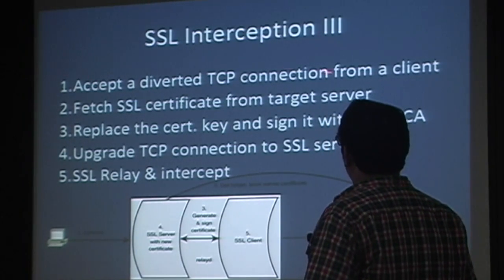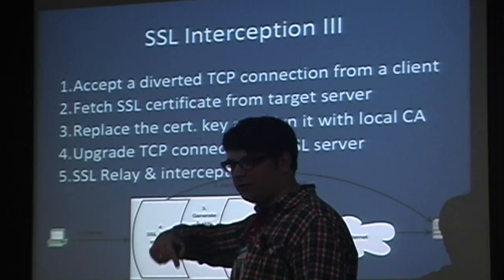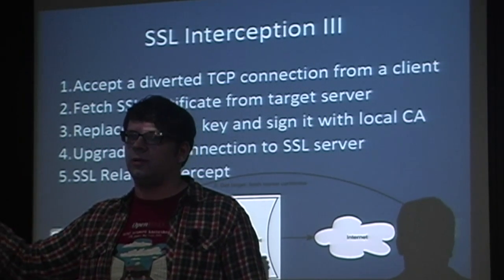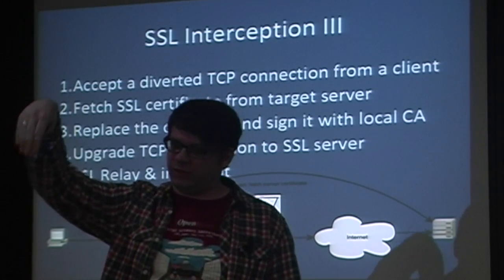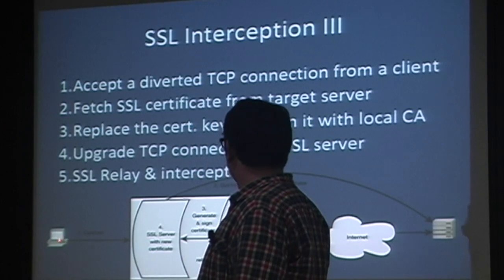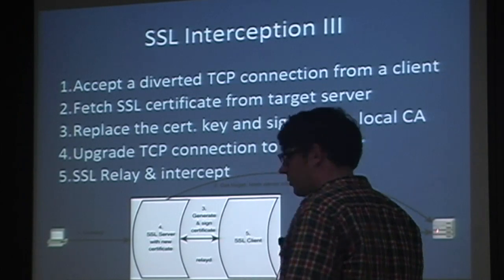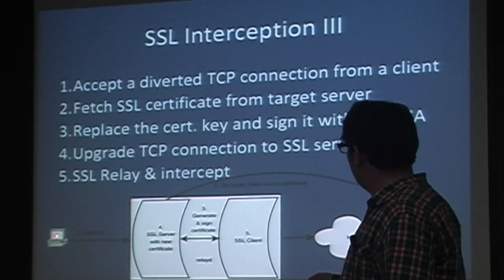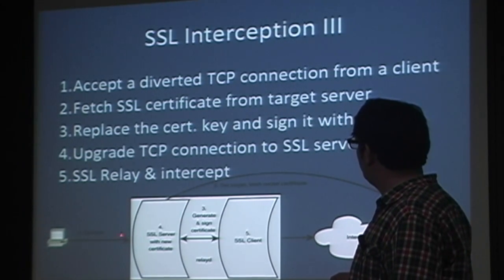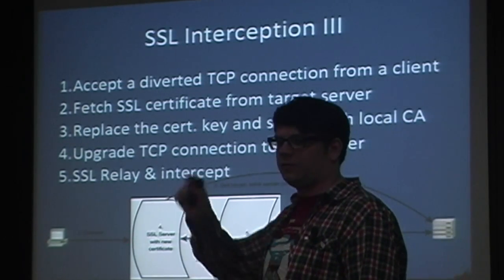The implementation of SSL interception is that we accept a TCP connection on the RelayD. Divert is a feature like a transparent redirect to a local proxy running on the firewall. So the client intends to connect directly to the server, but it has to go over the firewall, and the firewall basically takes the packet and diverts it through PF to a userland process.